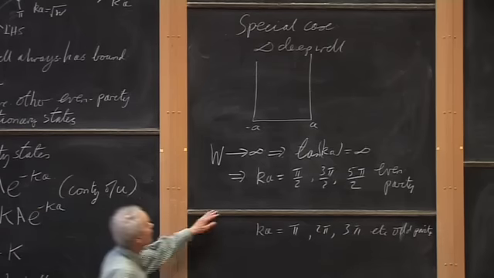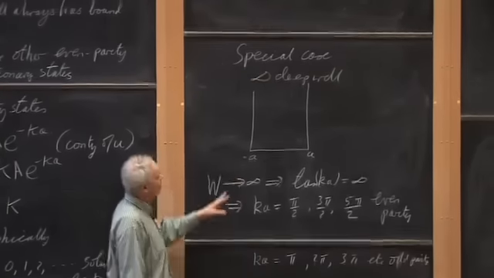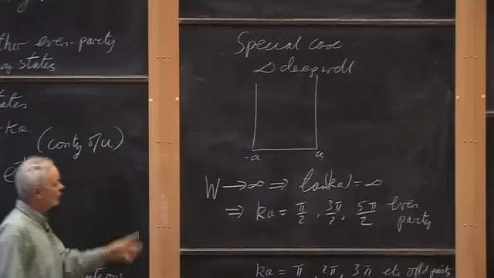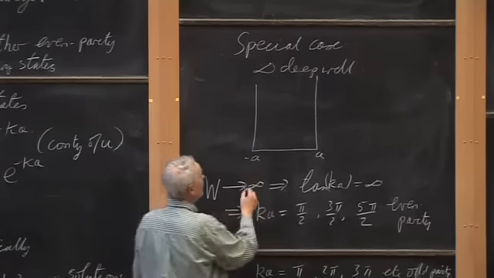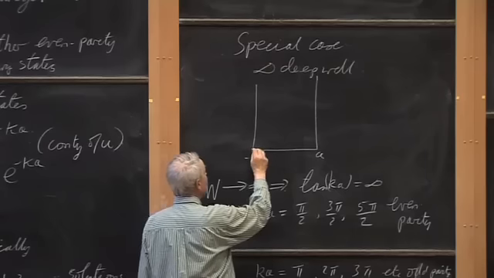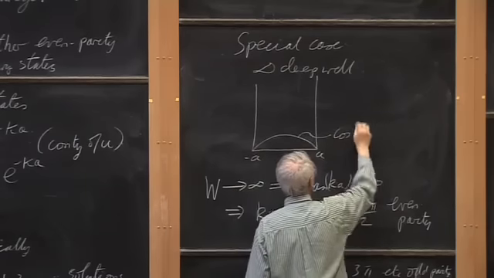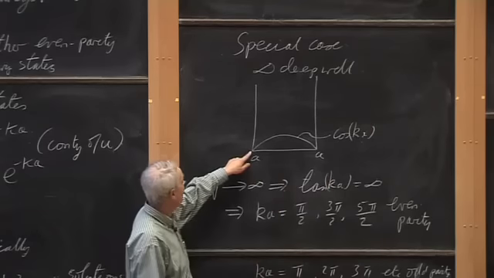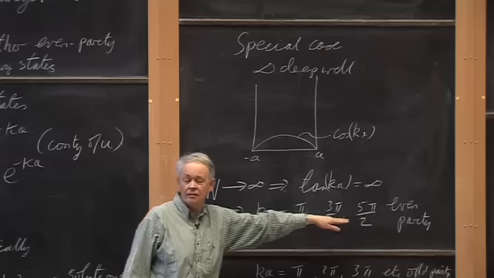And what do the wave functions look like? Well, the wave functions are going to be cos Kx, where Ka is equal to some odd number of pi upon 2s. So the wave function of the even parity states is going to vanish. This is going to be cos Kx, and the wave function is going to vanish here and here by virtue of these conditions there.